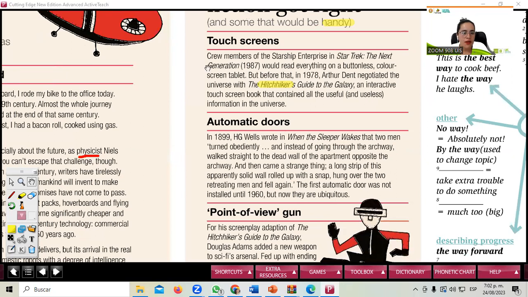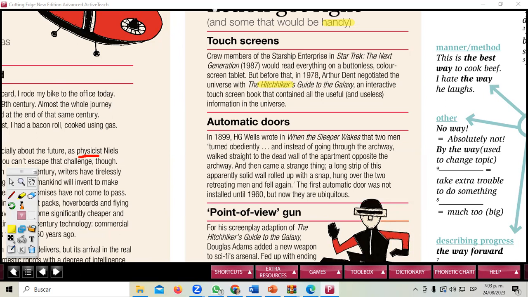And let's read it. Julian, automatic doors. In 1899, H.G. Wells wrote in When the Sleeper Wakes that two men turned obediently, and instead of going through the archway, walked straight to the dead wall of the apartment opposite the archway.